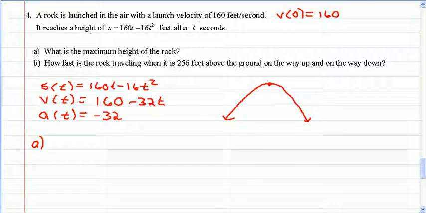And the maximum height of the rock is a point where the first derivative is equal to 0. So the first derivative, if we set it equal to 0, 160 minus 32t, this will tell us how many seconds it took for the rock to reach its maximum height.